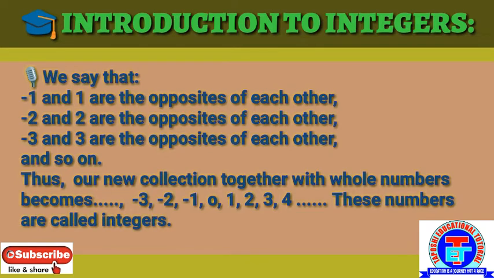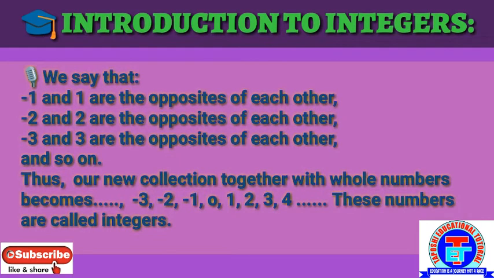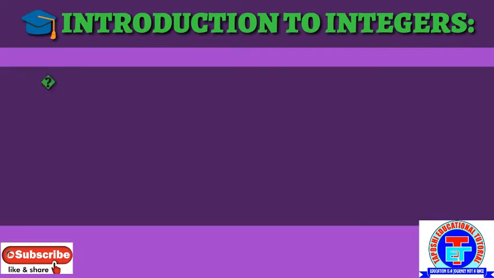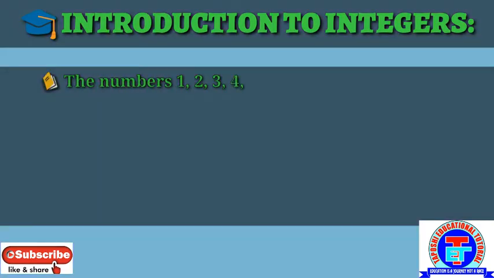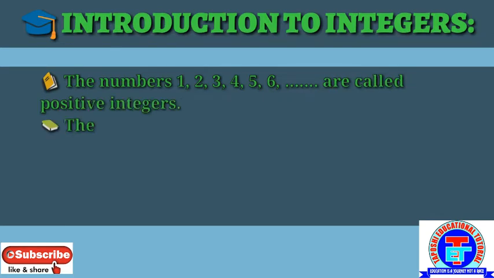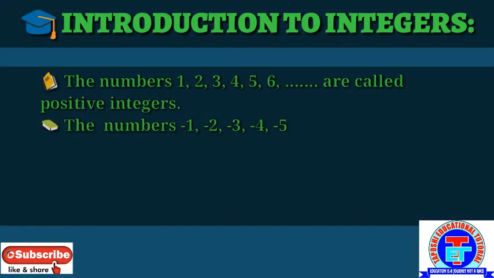Thus, our new collection together with whole numbers becomes ..., minus 3, minus 2, minus 1, 0, 1, 2, 3, 4, and so on. These numbers are called integers. The numbers 1, 2, 3, 4, 5, and 6 are called positive integers.